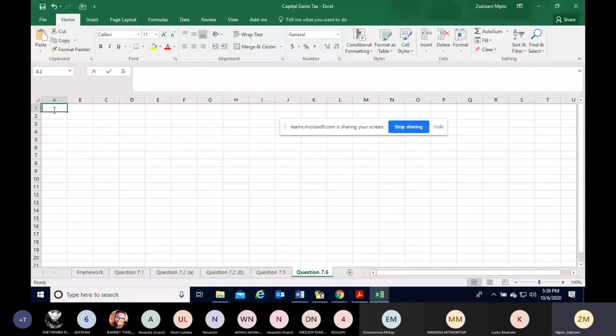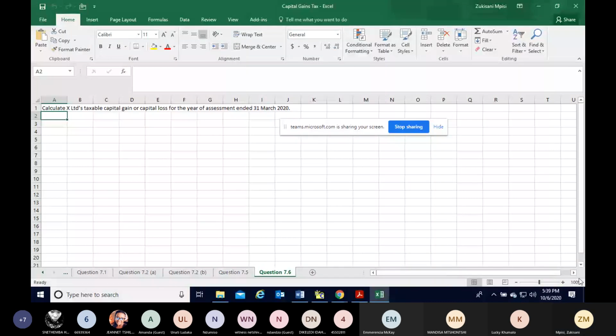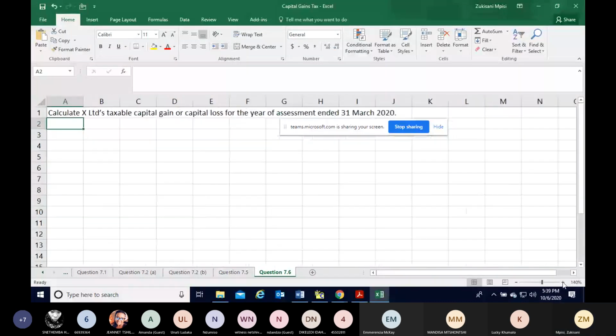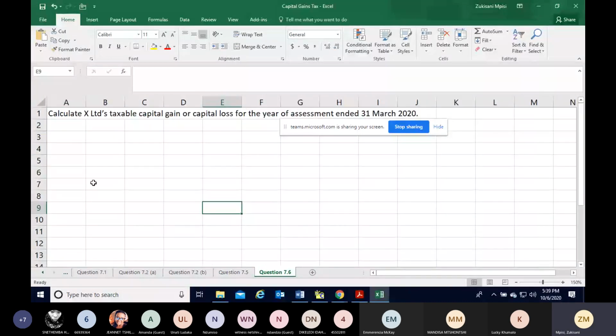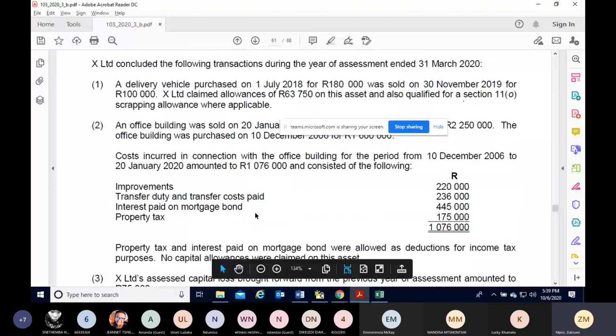Question 7.6. I believe this is more of the kind of question that you would have to deal with in an exam. They would come in this way.